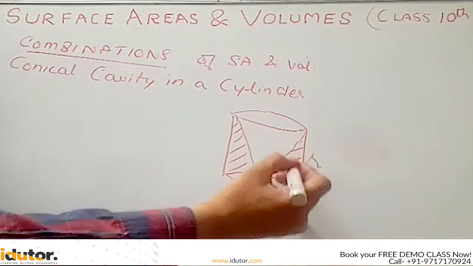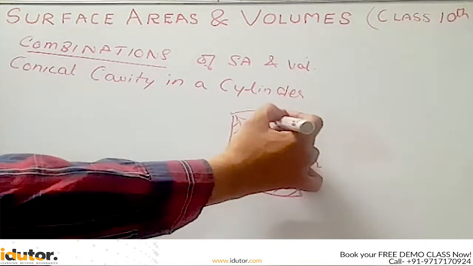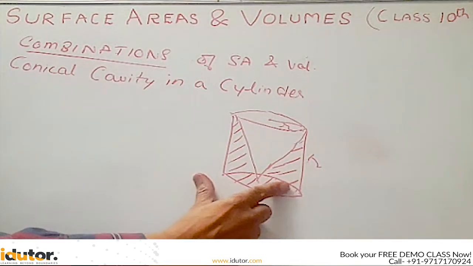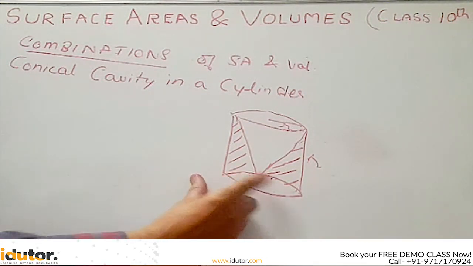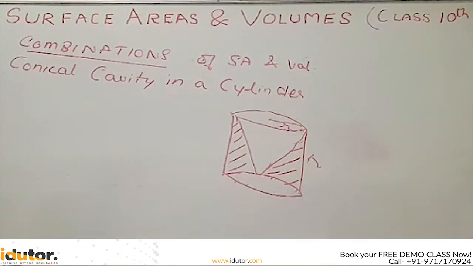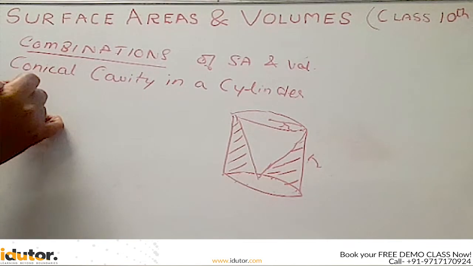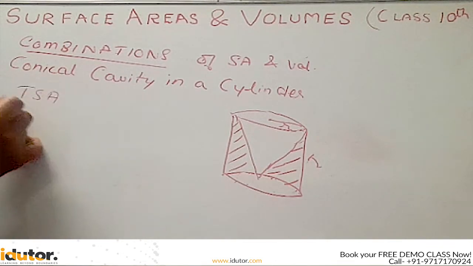We know that this total is the height, and this is the radius, here also at the bottom, because this is a circular part. Now we have to find out the total surface area. Let us see how to find it.